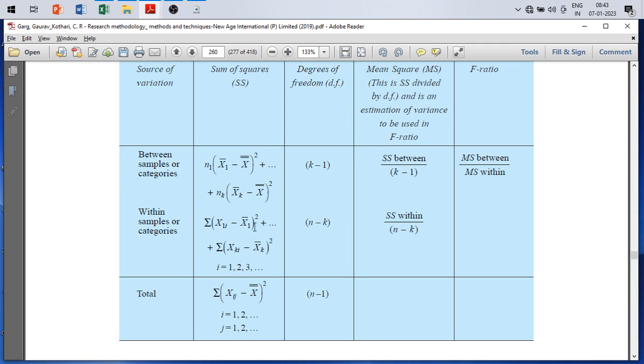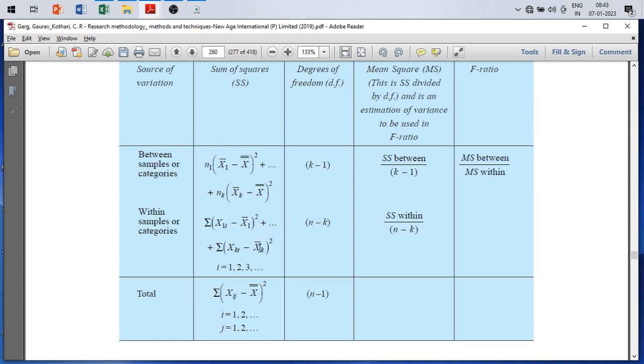And this is SSW. For SSW, I told you that you look at one group at a time. This x1 bar is the mean of group 1, and these x1i are all the values in group 1. So you take the deviation for all the values in group 1, square them and add them. This is for a particular group.